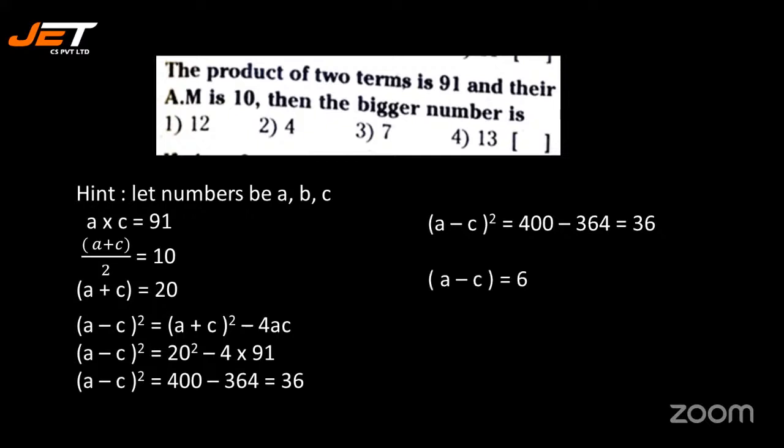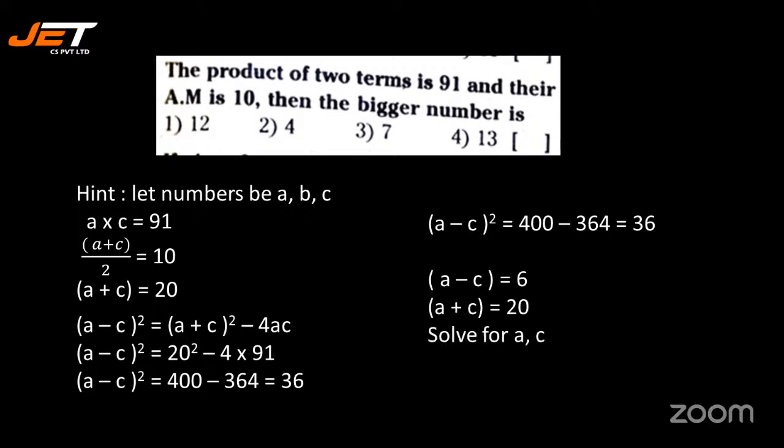So, A minus C the whole square, you can find out using this formula, A plus C the whole square minus 4AC. Right? So, A minus C the whole square becomes 36. So, what is A minus C? It is 6. Clear? So, A plus C is 20.